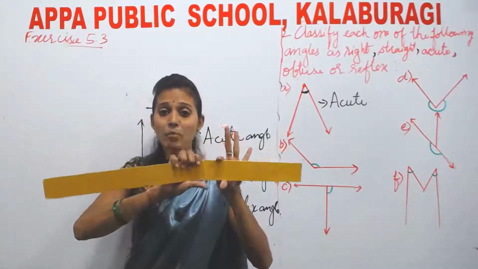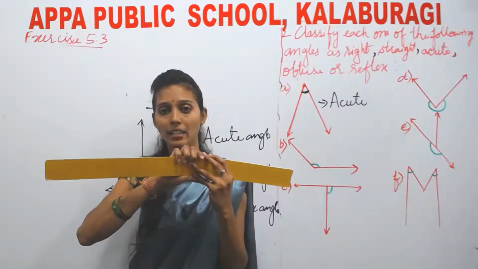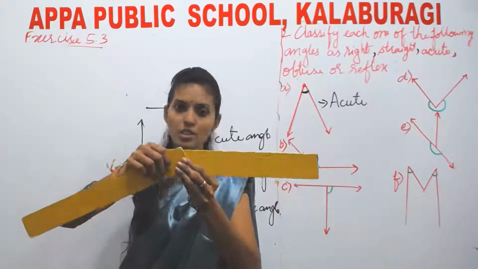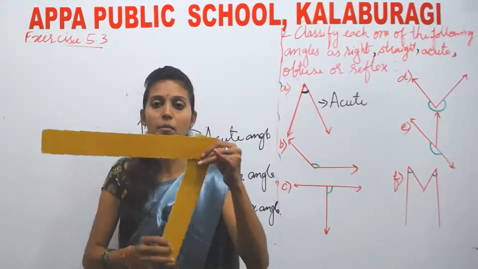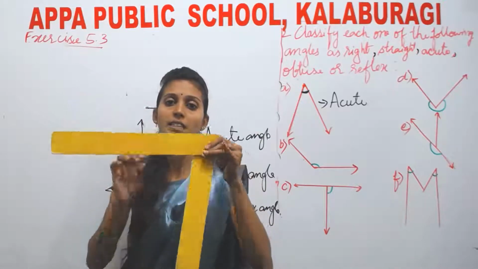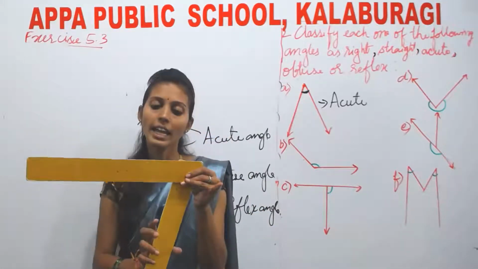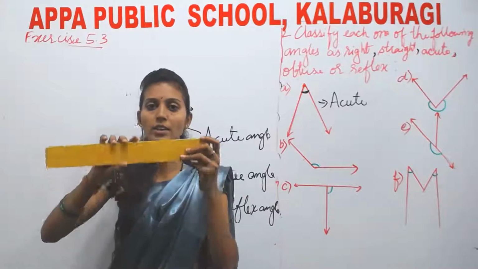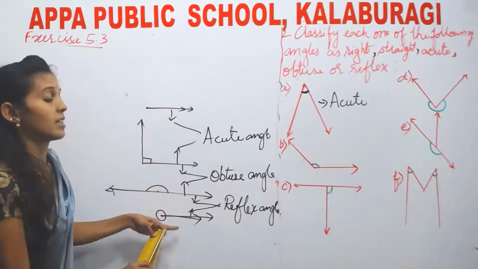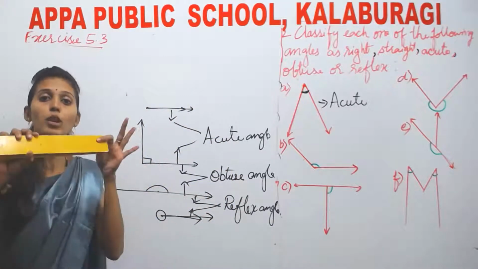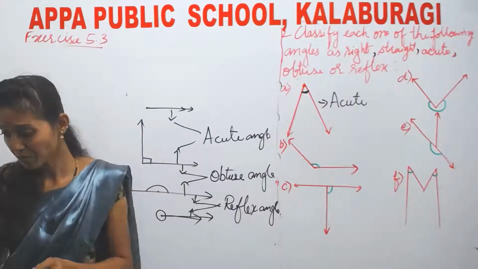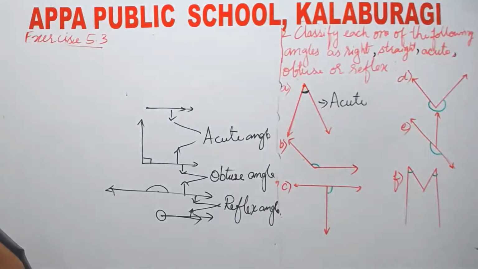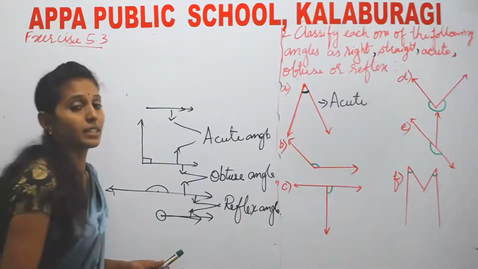This is nothing but a straight angle, 180 degree. Then again if it starts to move more than 180 degree and less than complete, that is nothing but a reflex angle. If it completes one rotation and reaches the start, that is a complete angle, one full revolution. Got it?